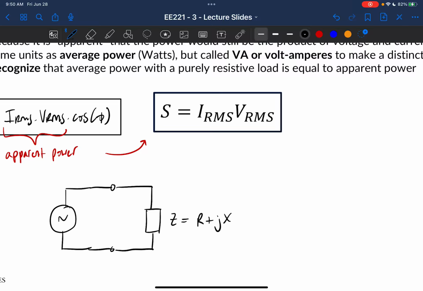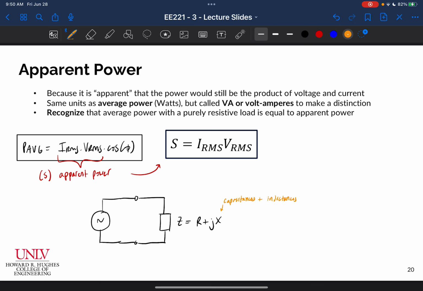This reactive part could be some combination of capacitances and inductances in my circuit. And capacitances and inductances, like we said, contribute to a phase shift between my voltage and my current.